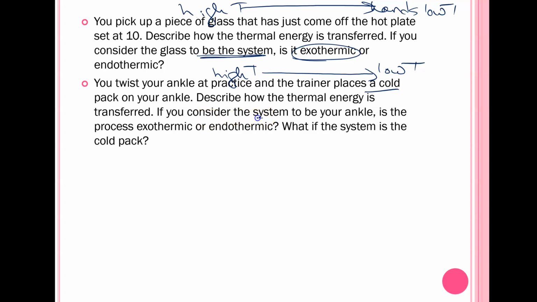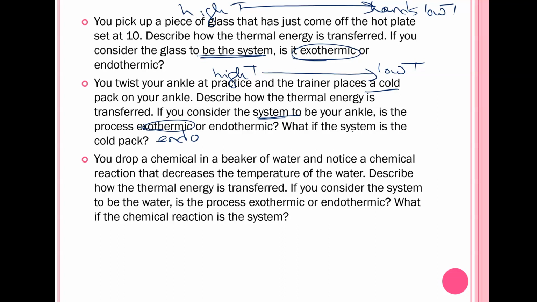If you consider the system to be your ankle, it's exothermic. But if the system is the cold pack, inside the cold pack there is a chemical reaction that takes place. In order for that reaction to take place, it has to pull in energy from somewhere, and it pulls it in from your ankle. So if the system is the cold pack, it is endothermic.